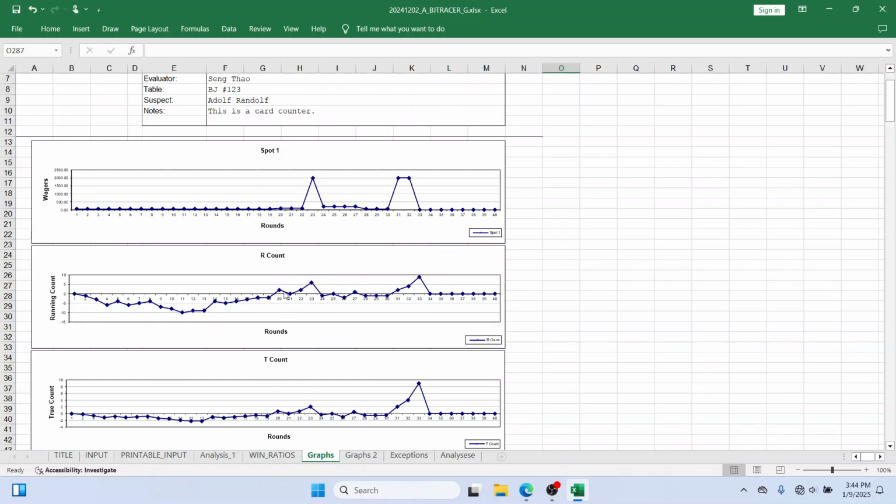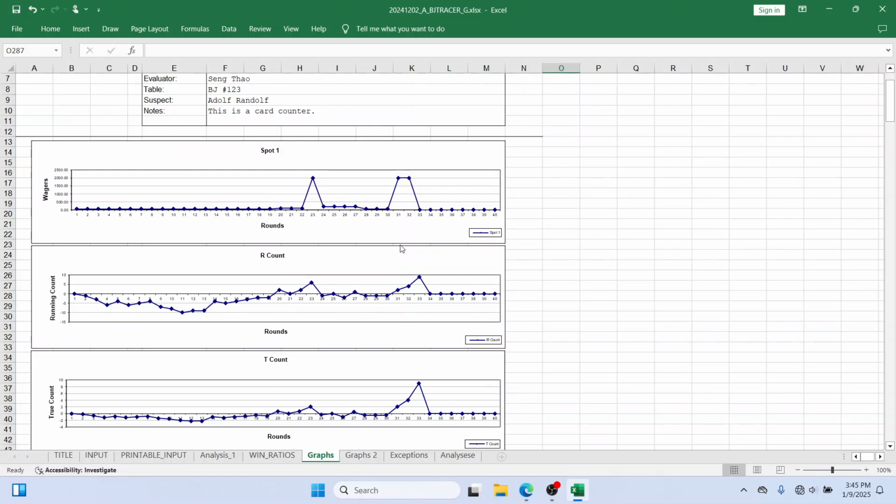You can tell here that as the count increases during round 23, the player also increased their wager. A similar thing happened during rounds 32 and 33 over here. The count rose, and the player also raised their wagers.